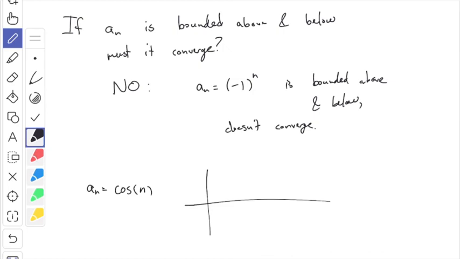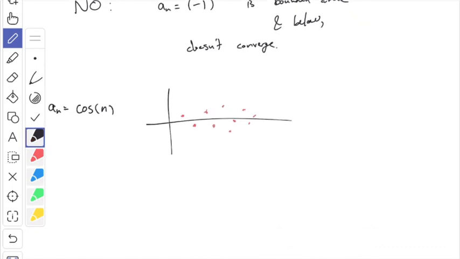What you would get is essentially random points, but they would be bounded. How do you know they'd be bounded? Because the cosine's answers are always between minus 1 and 1. So whatever those random points are, this will be bounded. But it doesn't converge to anything. When you use larger and larger values of n, it doesn't approach something. It just continues to give you random values. So this is bounded, but doesn't converge.